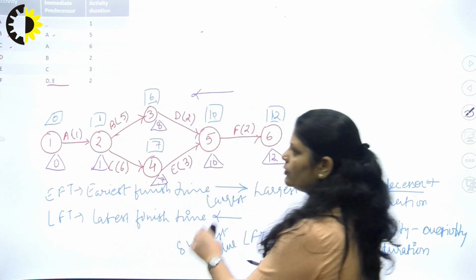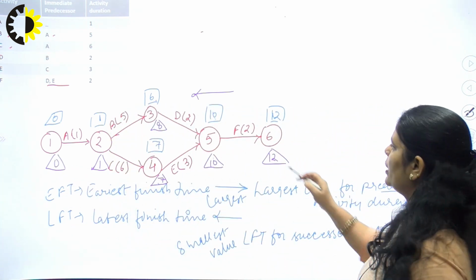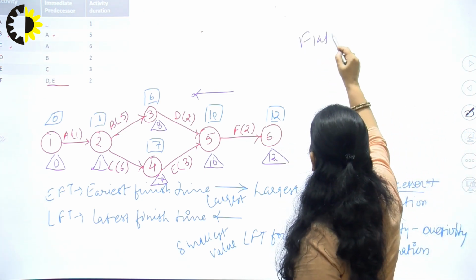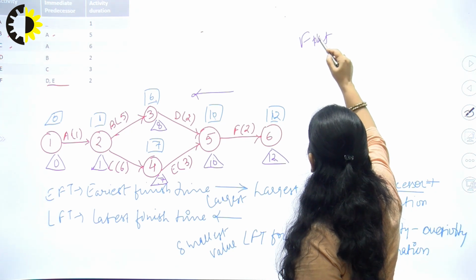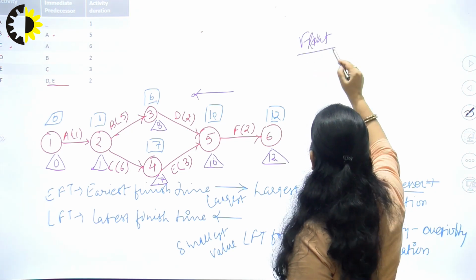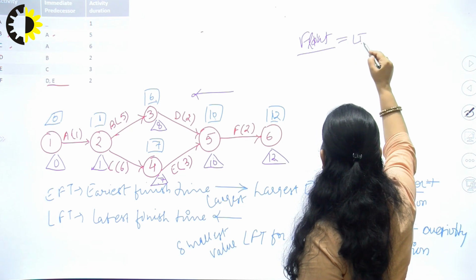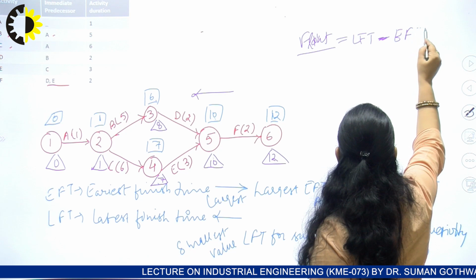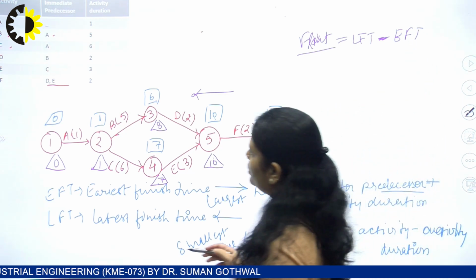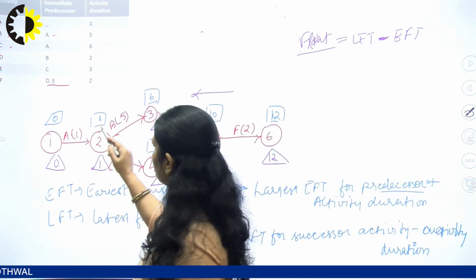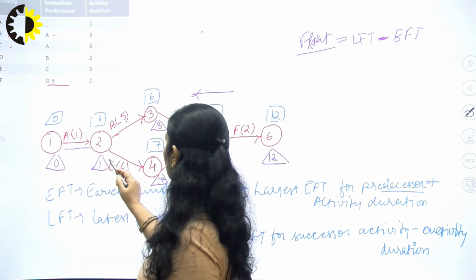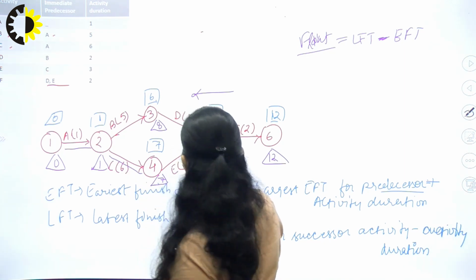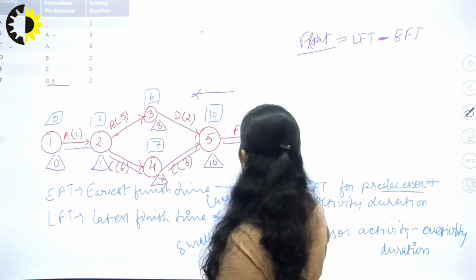So we have calculated the EFT and LFT here. Now we will calculate the float, which is the difference between the LFT and EFT. We can see that for this activity the difference is 0, for this one it is 0, for this one it is 0, and for this one it is 0.